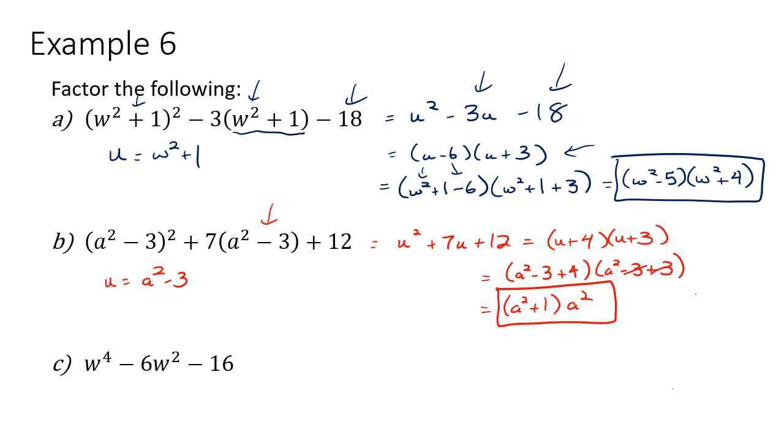And then last but not least, we've got part C. This one again might be a little bit trickier to see, but the key is to remember, by property of exponents, that w to the fourth power is w squared squared. So we have a w squared here and a w squared squared here. If we let u be w squared, this becomes u squared minus 6u minus 16.